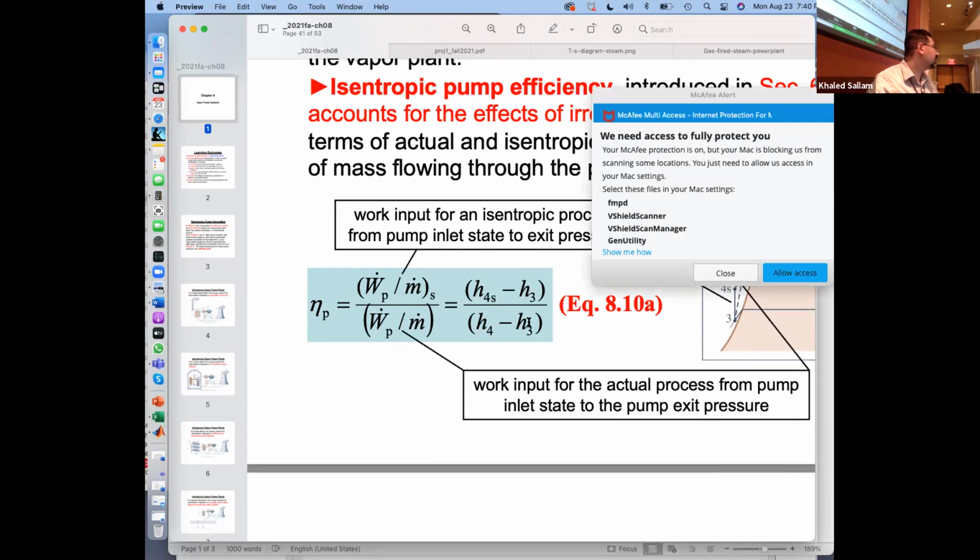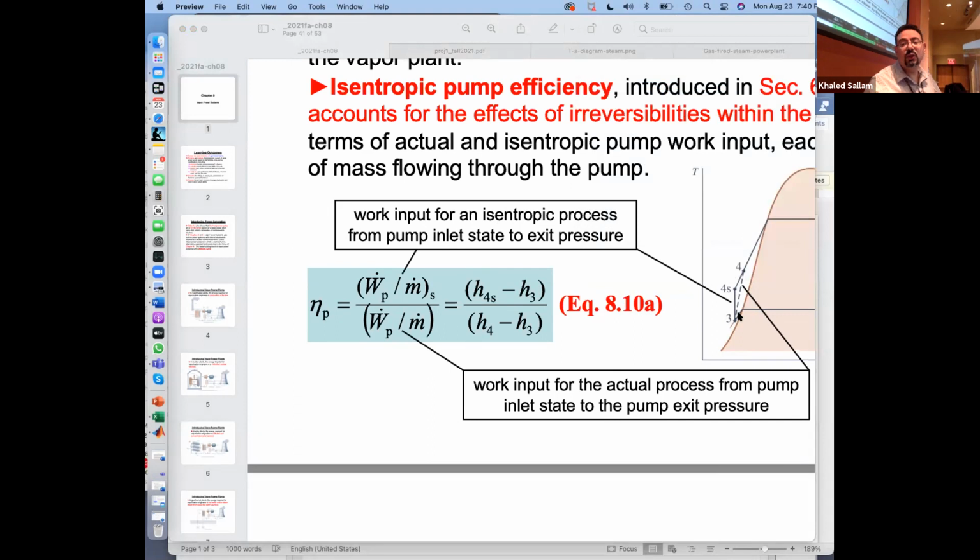Make sense? So in those calculations, you get 4S first. You get H4S. How do I get H4S? Knowing the pressure, it's the same as the boiler, and knowing the entropy, it's the same as the exit of the condenser. So you can get H4S. And once you have H4S, you say eta pump is 50%.